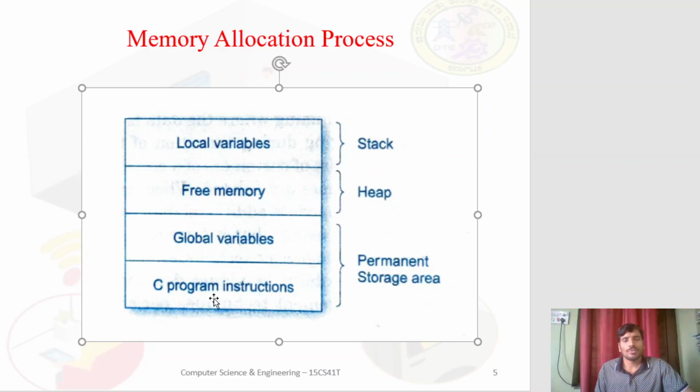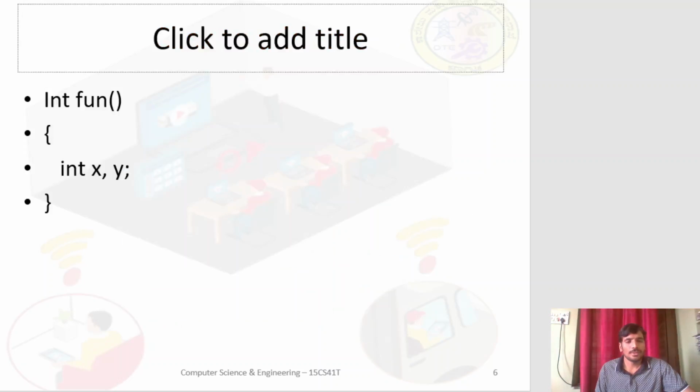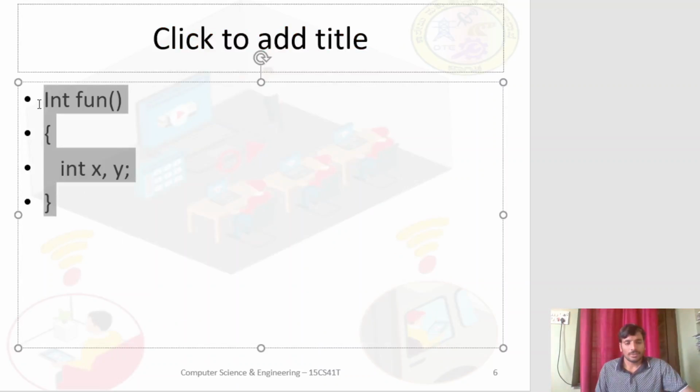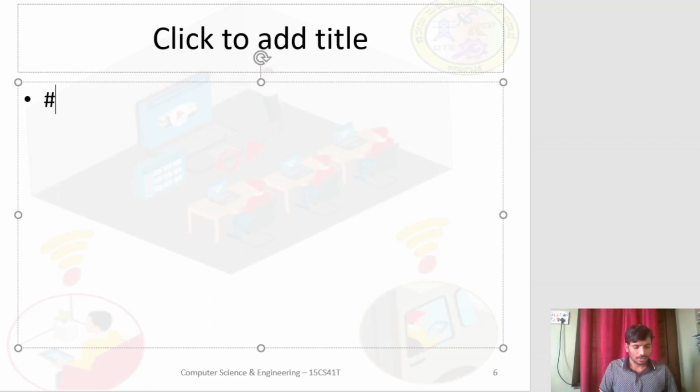Then what is a global variable? Global variables are those declared or defined outside the main function. For example, you might have seen in your C program like define SIZE 100, then int main.